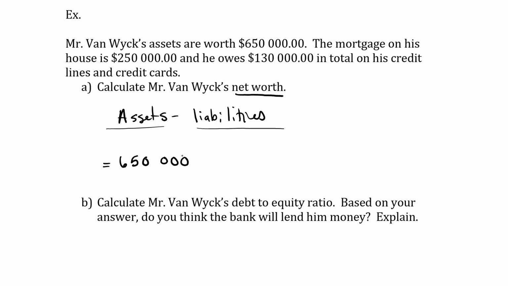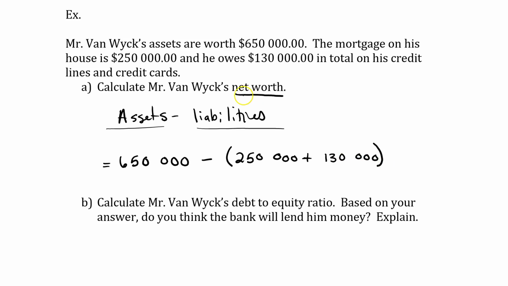It could also be a yacht. It could be other investments, that sort of thing. Minus liabilities. So we have two liabilities here. His house mortgage is $250,000, plus everything else that he owes on credit lines and credit cards, $130,000.